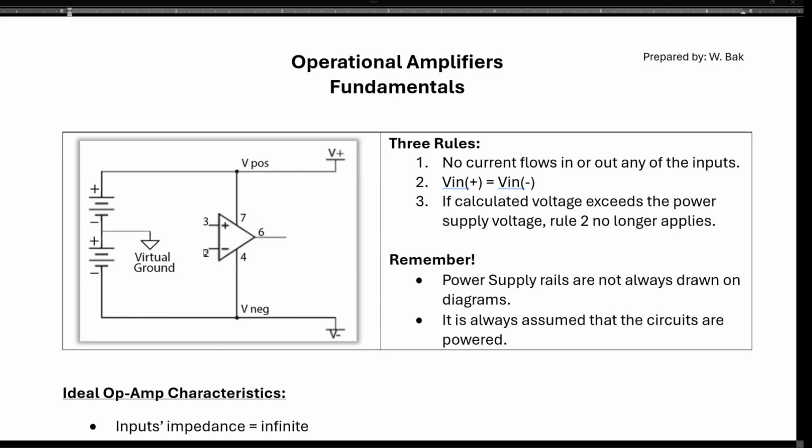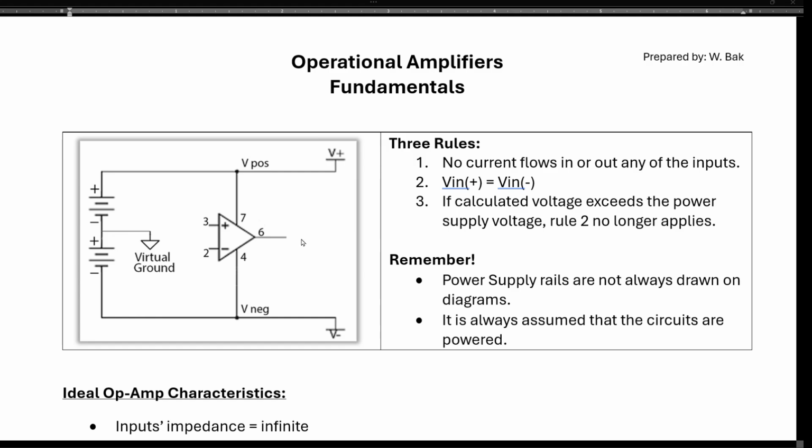So if this voltage is hardwired to a certain type of battery, and this battery is 1.5 volts, then automatically this here is going to be 1.5 volts. Okay? It's just the way it is within the operational amplifier.